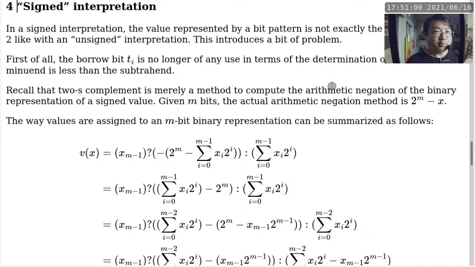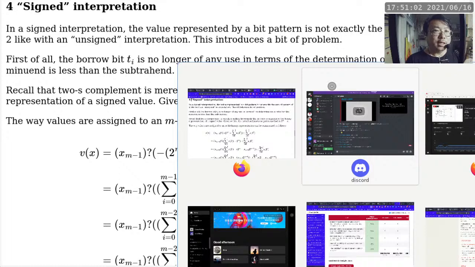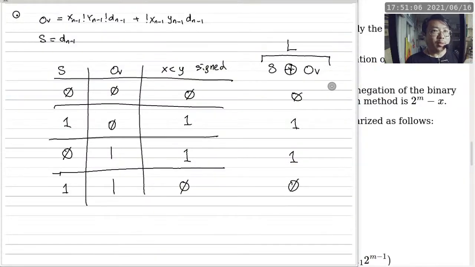I'll try, because I'm not trying to not answer the question. It is just mechanically I cannot remember what I said. The L flag is a 1 if and only if x is less than y, if we choose to look at the bit patterns as a signed representation of values. I believe that's close to what I said.